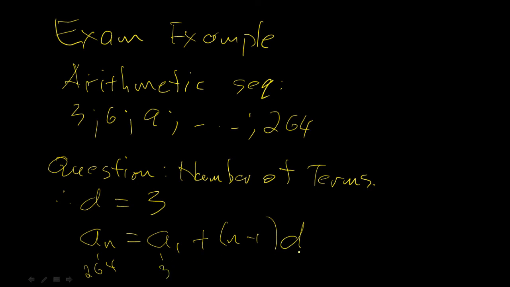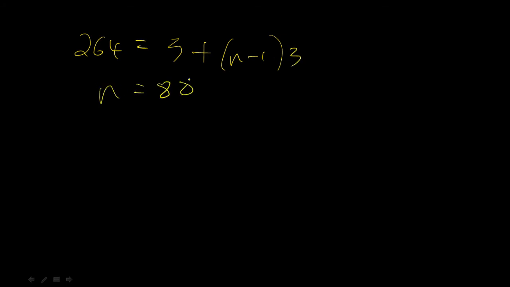We know that the common difference is 3. So we just need to find n, the number of terms, which is just an easy substitution within the general formula. Therefore, 264 is equal to 3 plus (n minus 1) times 3, which is the common difference. Solving for n, we find n to be 88, and thus we have 88 terms within the sequence.